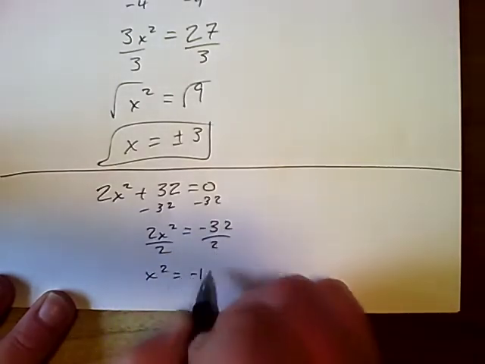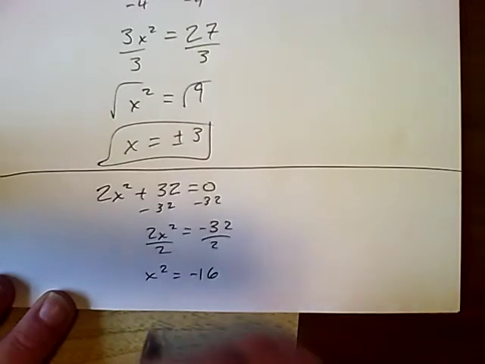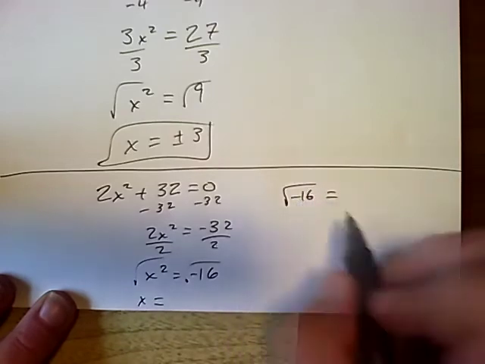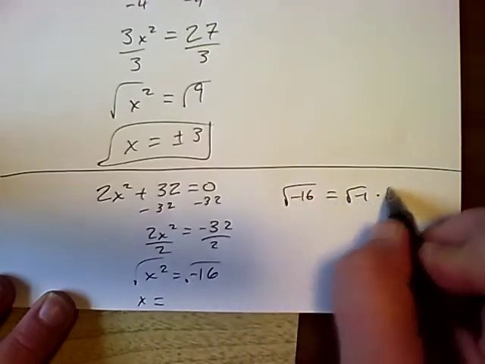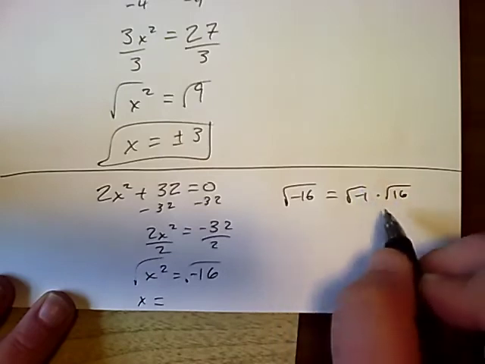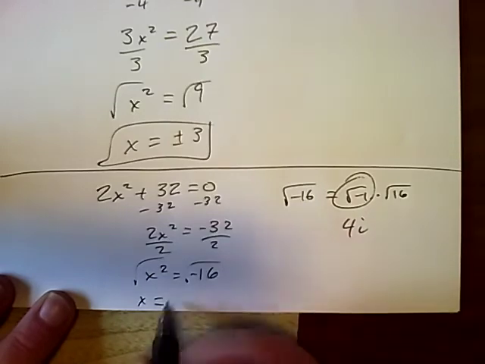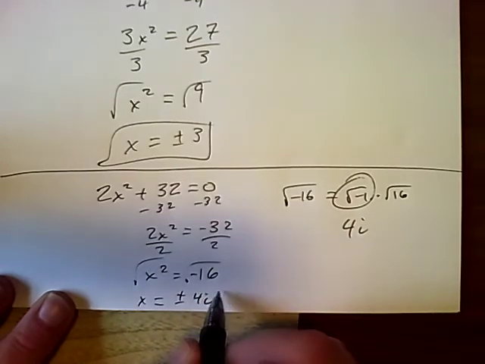X squared equals negative 16. So if I square root, x would equal, all right, so the square root of negative 16. Well, that's the square root of negative 1 times the square root of 16. So the square root of 16 is 4, and the square root of negative 1 is i. So here I did plus or minus 4i.